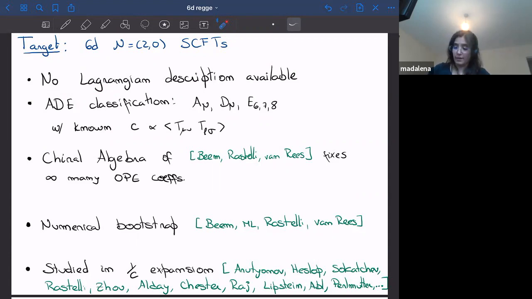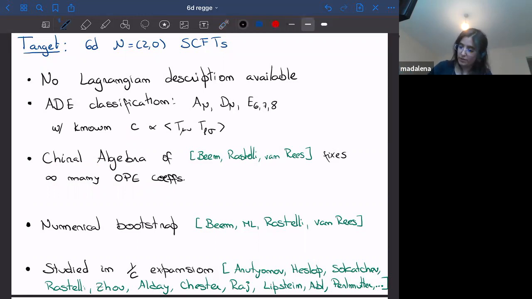We know they have an ADE classification, so they are labeled by a simple and simply laced Lie algebra. And we know their central charges. And throughout this talk, I'll be referring to C as the 2-point function of the stress tensor. This is the central charge I'm talking about. We also know something about the protected spectrum of operators. In fact, we actually know infinitely many of the coefficients from the chiral algebra.